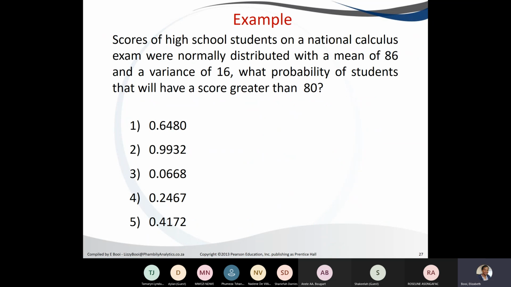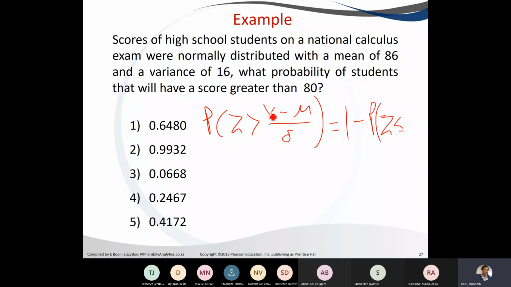Another example, the high school student on the national calculus exam. We know we calculated this previously. I'm not going to go too much into detail on this. Remember, we find the probability that Z is greater than X minus the mean divided by the standard deviation, which we will find by using 1 minus the probability that Z is less than or equal to X minus the mean divided by the standard deviation.